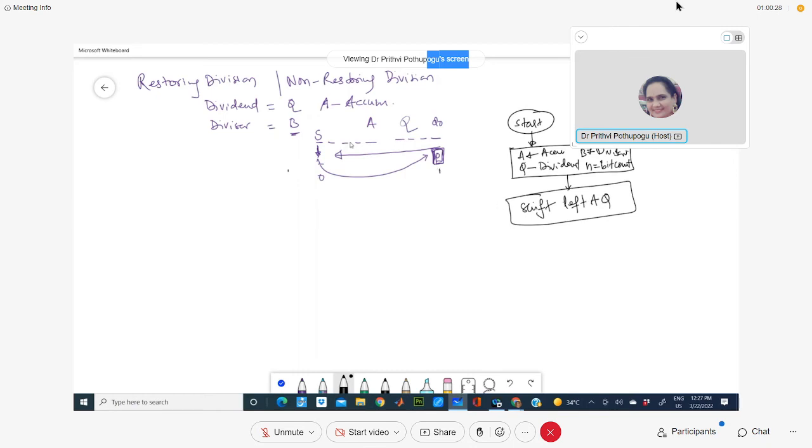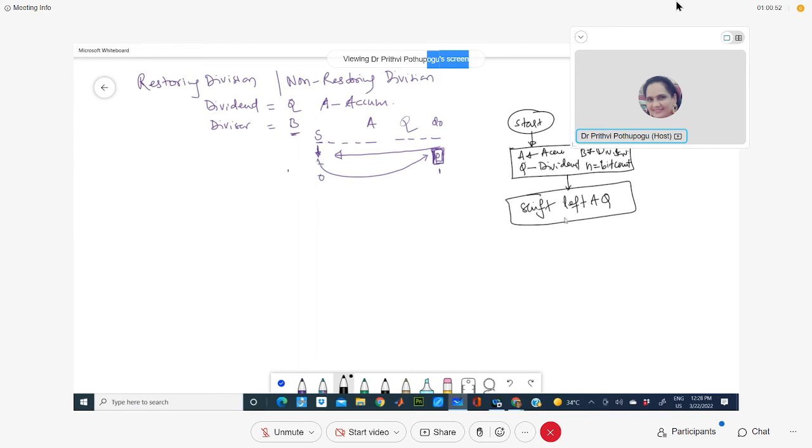That means both together, say 9 bits, you shift them towards left. Doing so, you'll be discarding the sign bit, and the vacancy will arise here. If you are doing the left shift, the vacancy comes here. When you are shifting, you will be checking the value of the sign bit.